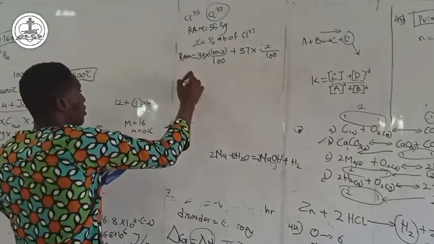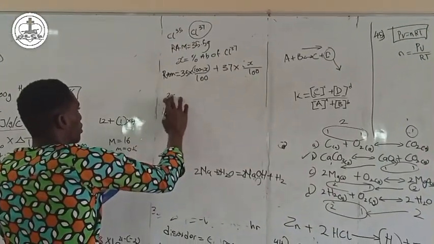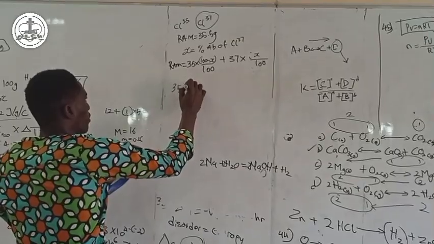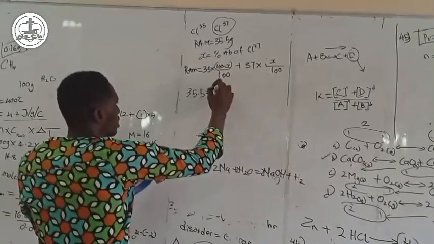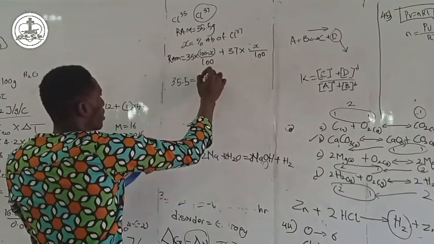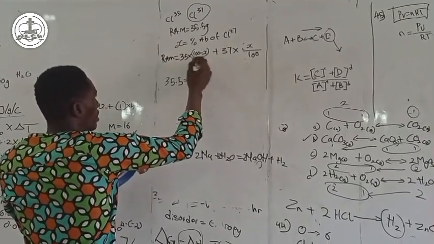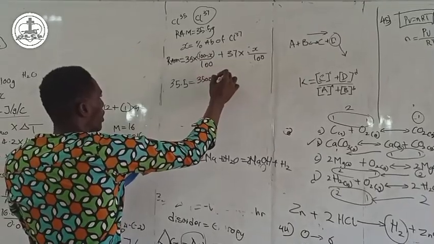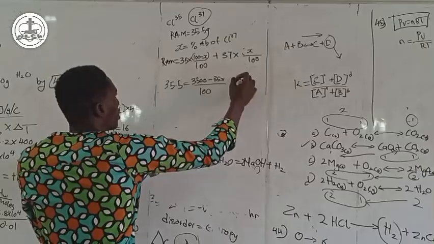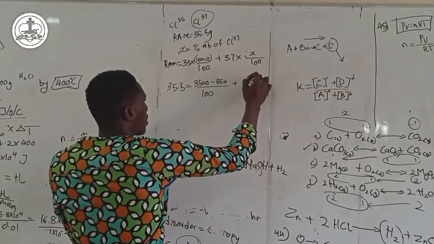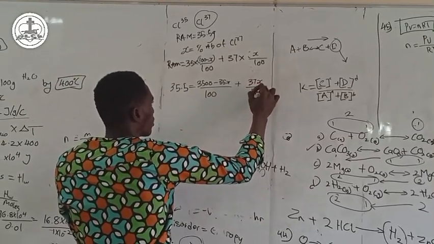So this will give us 35.5, which is equal to, opening this bracket, 3500 minus 35x over 100 plus 37x over 100.